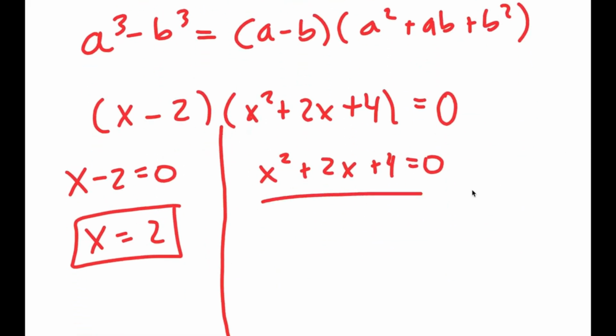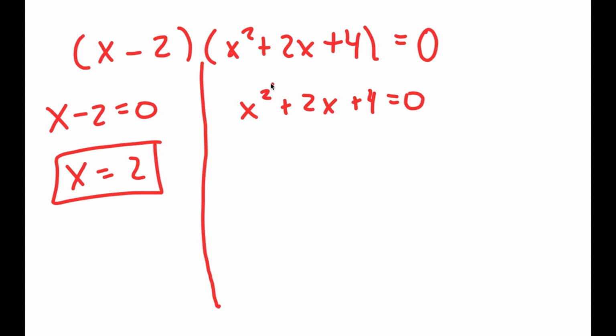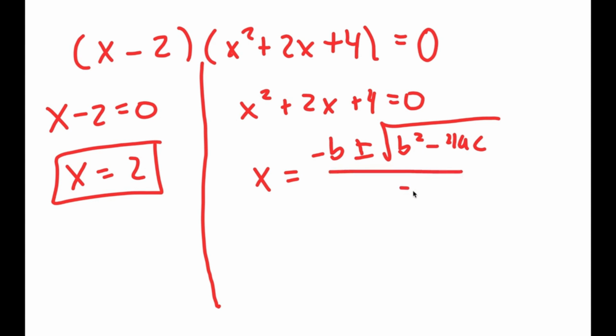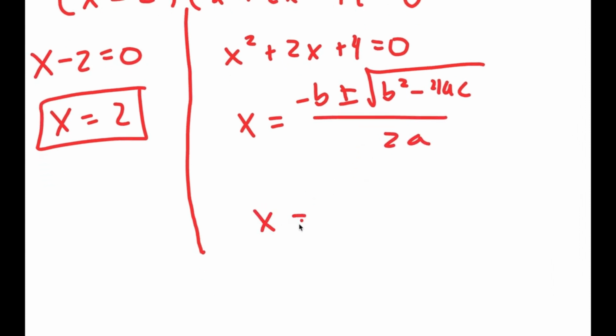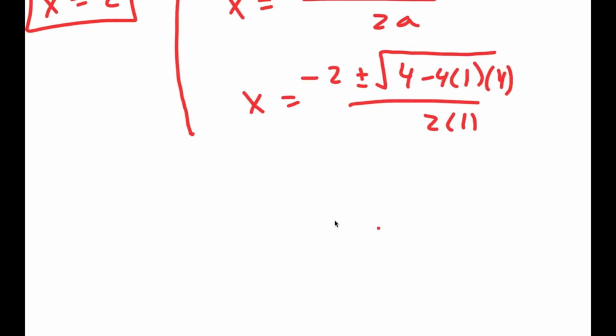But now see, on top of this, we have a whole other equation with two more solutions because it's a quadratic equation. So to solve this, I'm going to use the quadratic formula. So I get negative 2 plus or minus the square root of 2 squared, which is 4, minus 4 times a, which is 1, times c, which is 4, all over 2a, so 2 times 1.